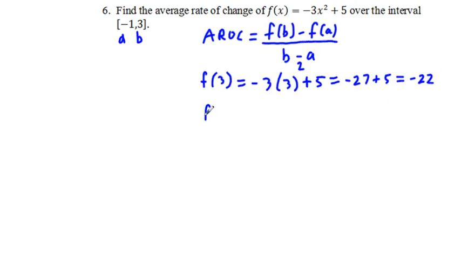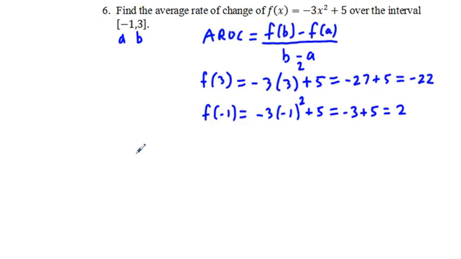And then f of A, which is f of negative 1, is going to be negative 3 times negative 1 squared plus 5. Negative 1 squared is 1, so we have negative 3 plus 5 equals 2.